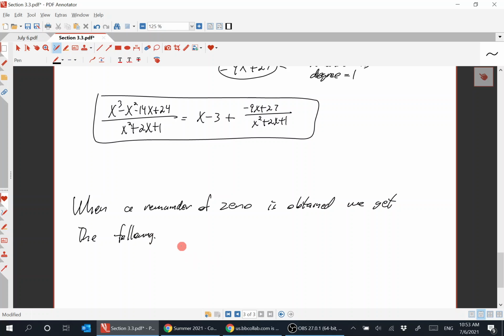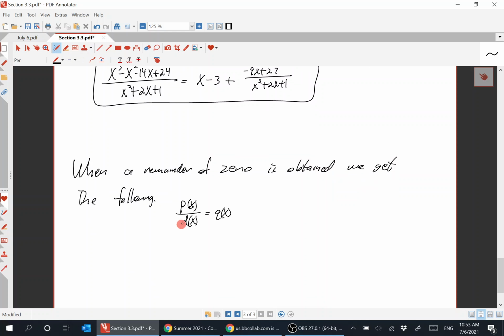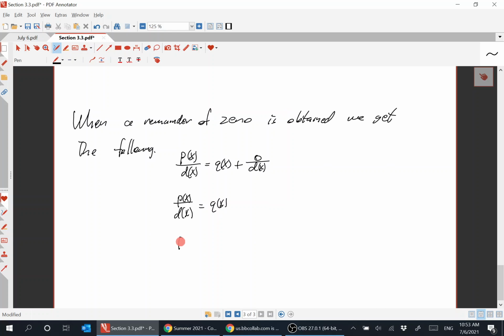If you have p of x divided by d of x is equal to q of x with a 0 remainder, well, that remainder is just 0. So p of x divided by d of x is equal to q of x. So p of x is going to be equal to q of x times d of x.